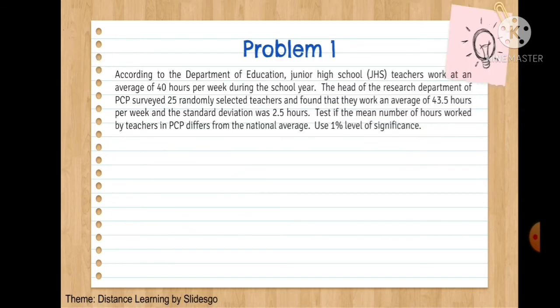Now, the first step is to formulate the null and alternative hypothesis.